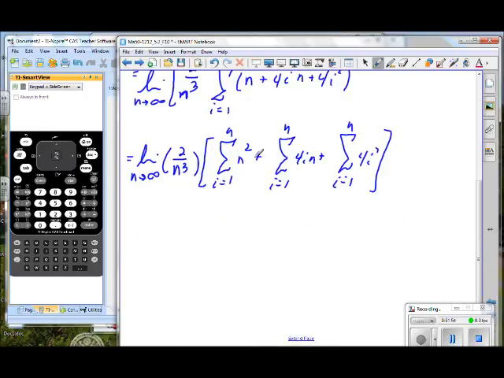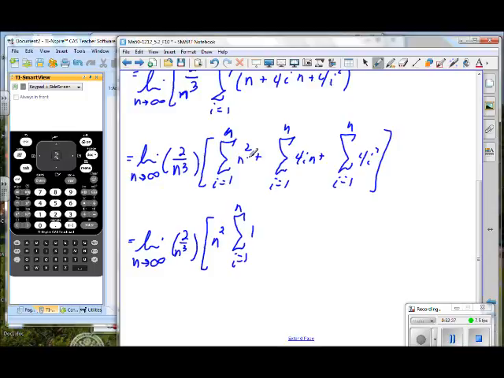With the same reasoning as before, the n squared is a constant. In this one, the 4 and the n are constants, and over here the 4 is a constant. So I'm going to pull those constants out. So I have 2 divided by n cubed, and I'm going to have a constant now. Remember, when we have a constant in a summation, if I pull that out, the only other factor left here is a 1.